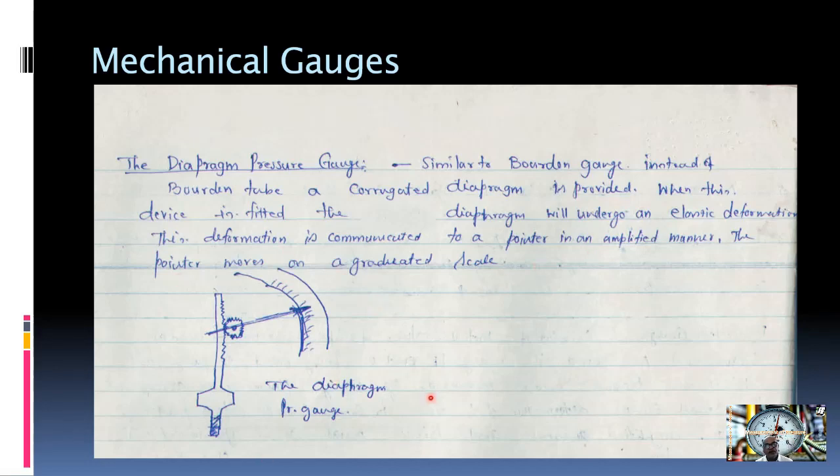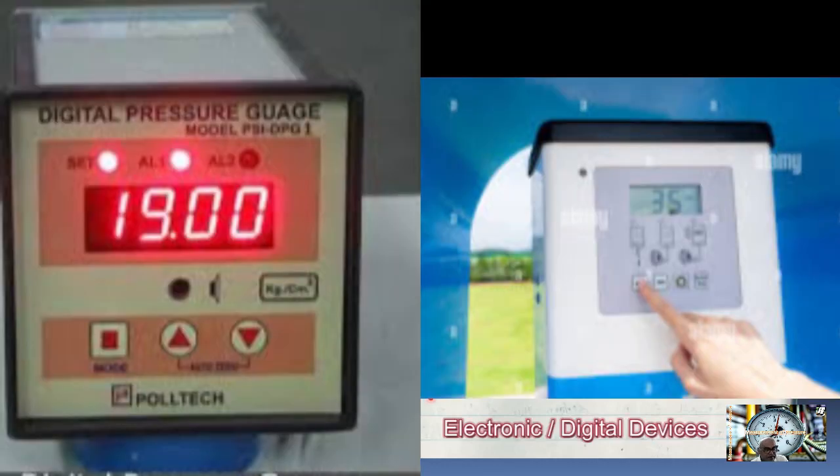Earlier we used the mechanical gauges, Bourdon tube and diaphragm type, but nowadays they are replaced by electronic pressure measurement devices. In most of the petrol pumps I found these are replaced by electronic devices.